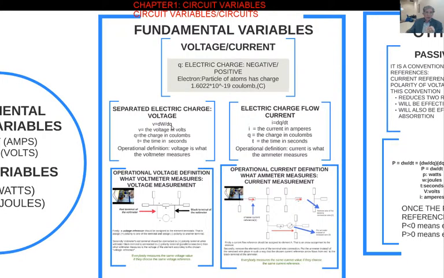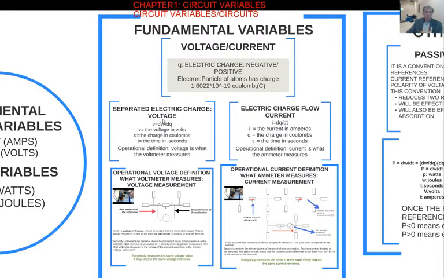So when the separated charges are changed, the difference of the charge will affect the energy. So this derivative gives us the voltage. Voltage is in volts in terms of units, Q is coulomb in terms of charge, and time unit is seconds in this derivative.